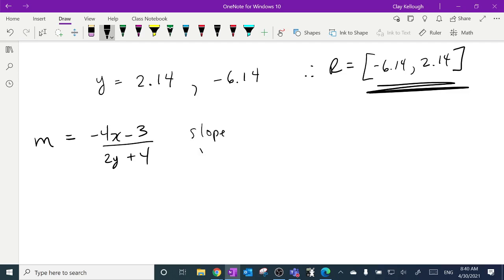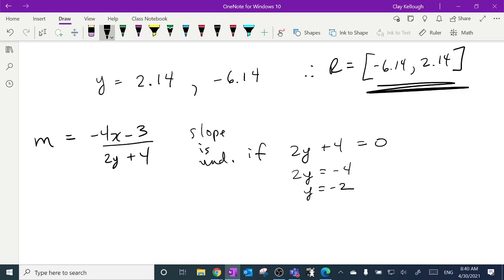Slope is undefined if 2y plus 4 equals 0. So once again, it just spits out a nice y value for me here. Negative 4, y is equal to negative 2.